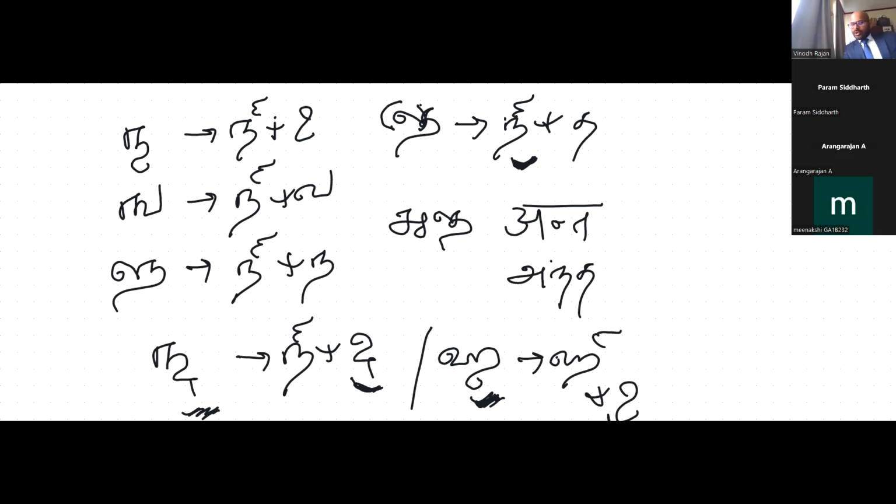I prefer this form. Sometimes you find the simplified version like this for ncha, but both are correct, right? So I personally prefer writing it completely, but sometimes you find the simplified form of this.